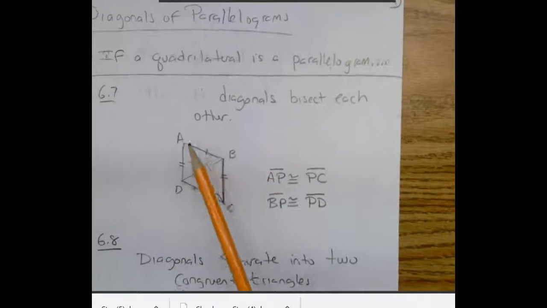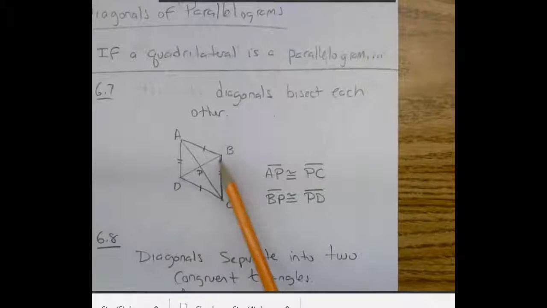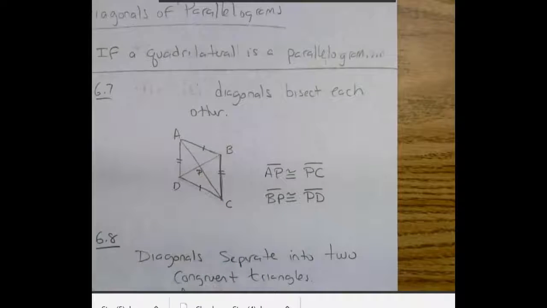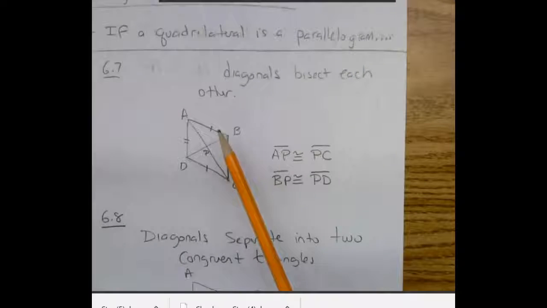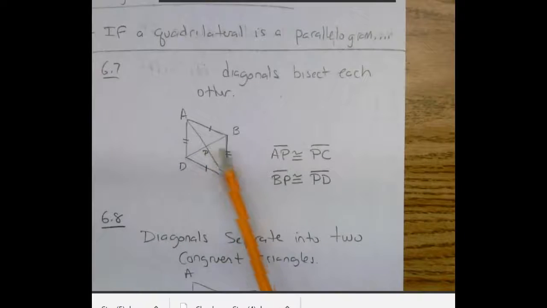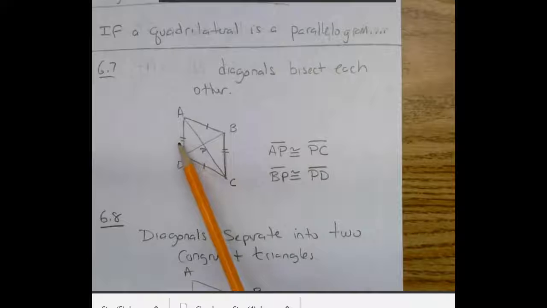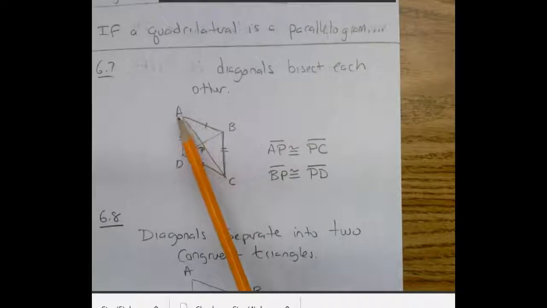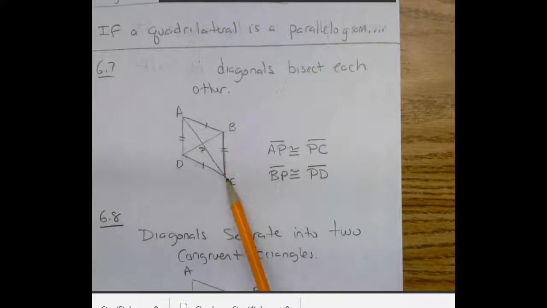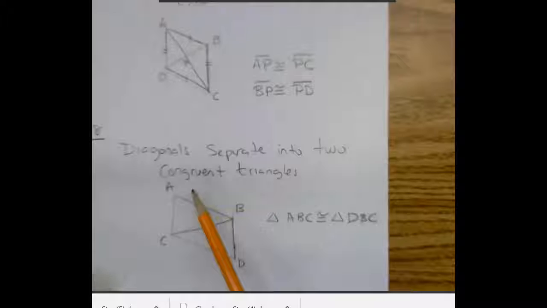So if we go a diagonal from A to C and D to B, they bisect each other, which means they cut each other in half. Okay? And then we remember this is a parallelogram, we can tell, because these sides are congruent and these sides are congruent. So then we know if these diagonals bisect each other, we then know AP is equal to PC and DP is equal to PB. Okay? That's another one, 6.7 there.